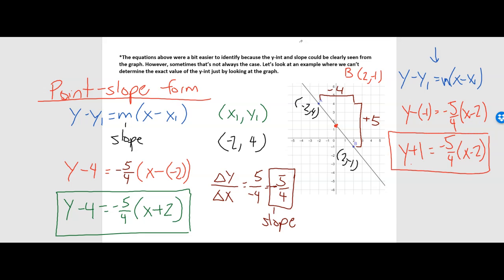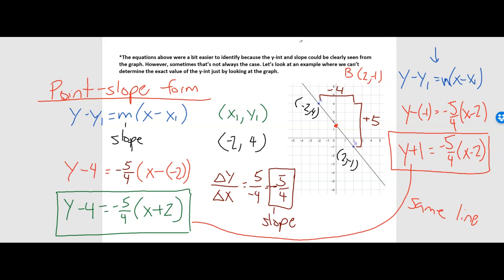Now, here's the thing. These two equations represent the same line. Okay, if I put them into slope-intercept form, they would end up being the same. Slope-intercept form is always going to look the same. When you have point-slope form, they can look a little different because we're using different points.